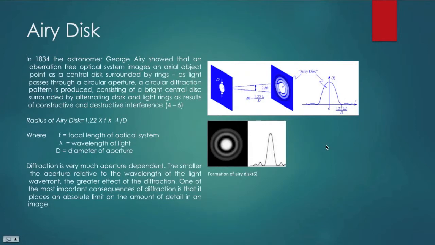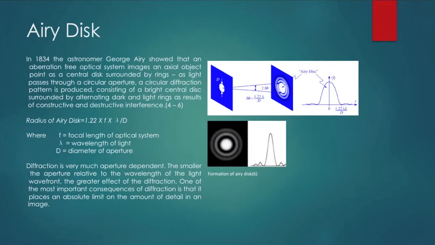This brings us to the notion of the Airy disk. Now let's imagine that we have a theoretically perfect optical system where there is no aberration. Light goes through a circular aperture and a circular diffraction pattern will be produced as a result.